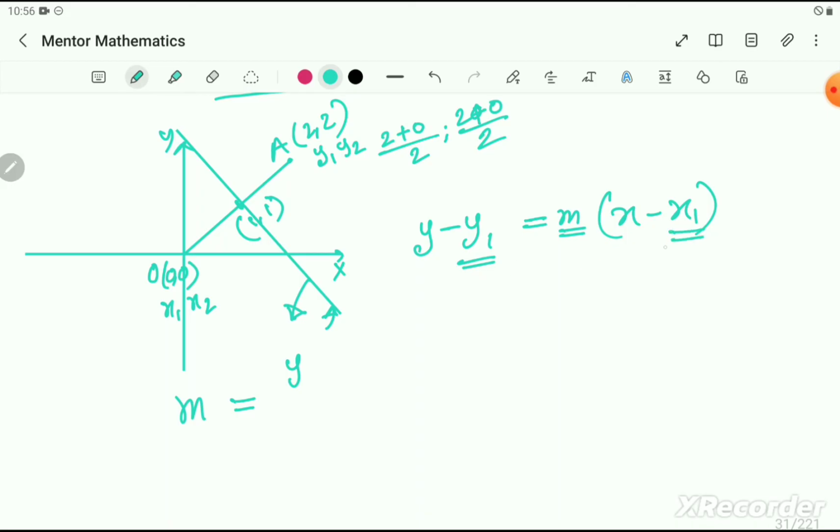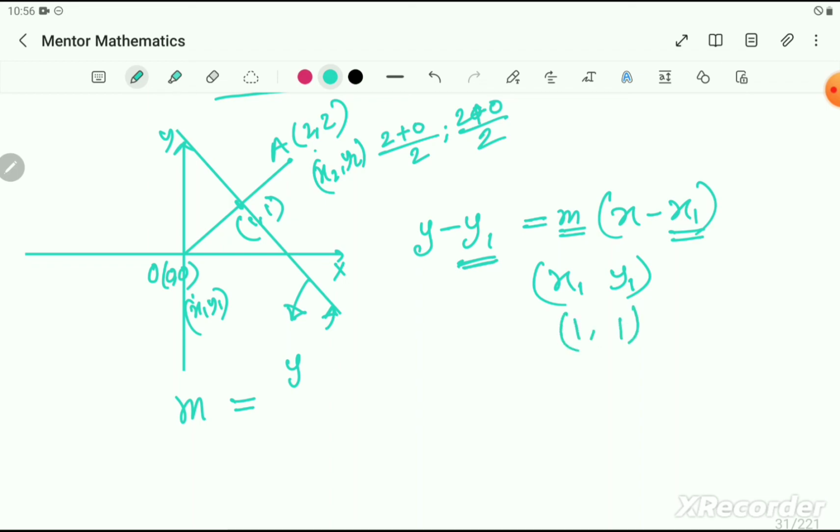This equation is different, don't mix it up with this. Sorry, I wrote it the wrong way. This is x1 y1, and this is x2 y2. So I'm saying it again, this y1 is actually a formula. It represents a point x1 y1, and in this particular case it's (1, 1).